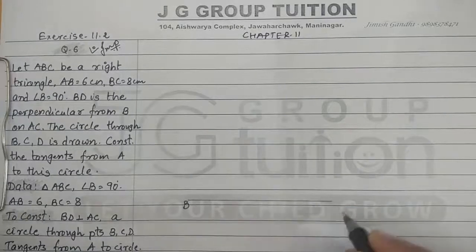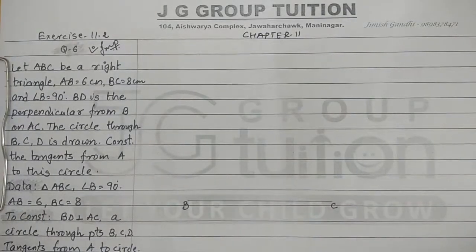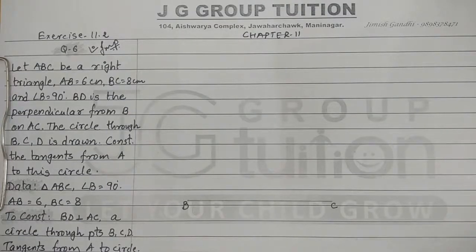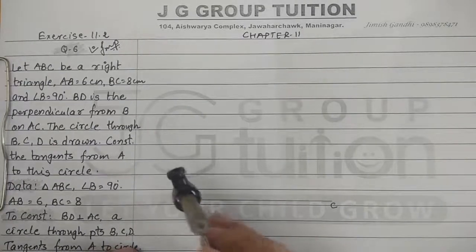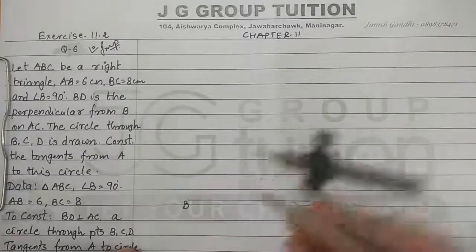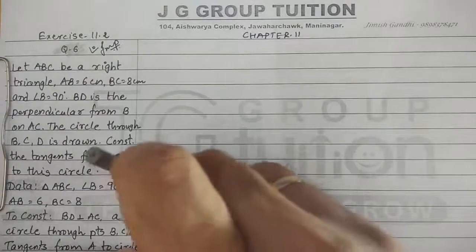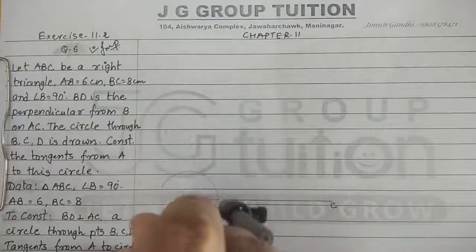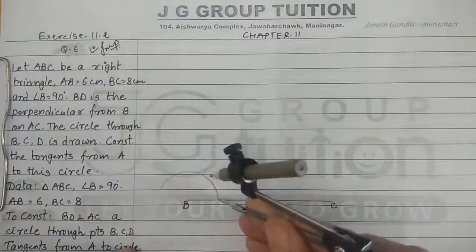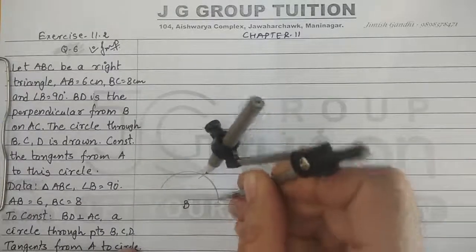B and C. Now to obtain point A, as they have given the angle measure, that is 90, we'll construct a right angle, that is 90 degree. We all know how to construct the right angle. Again, it can be a radius of any measure. From point B, we draw the arc. Keep the same radius. So this is 60 degree.